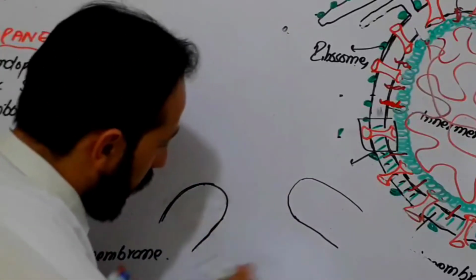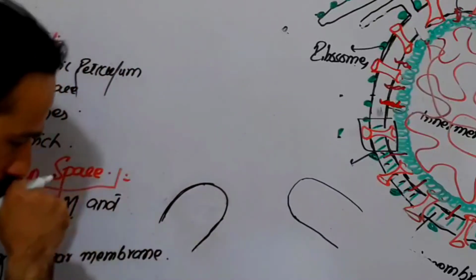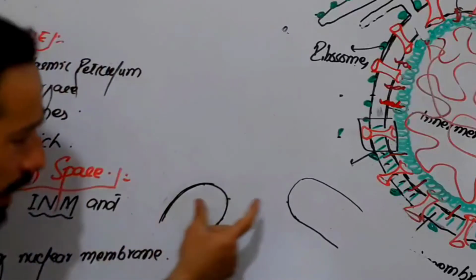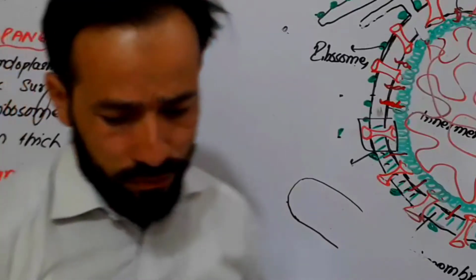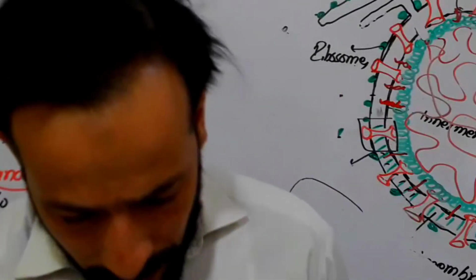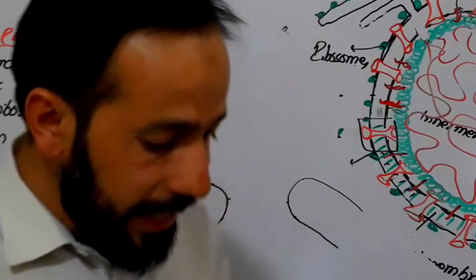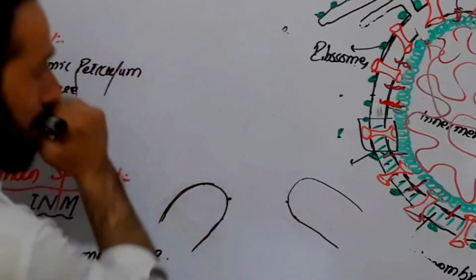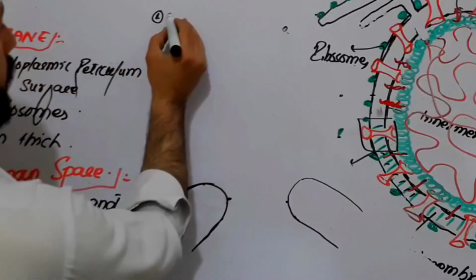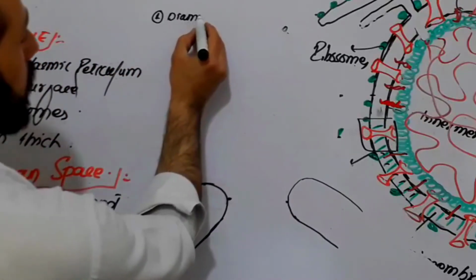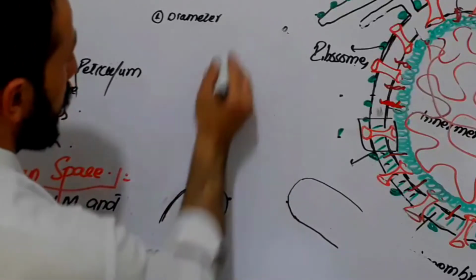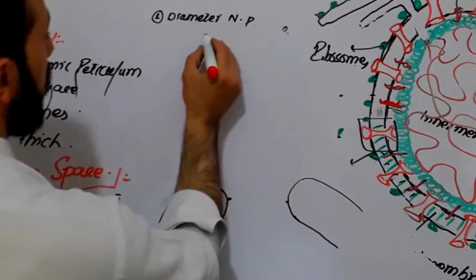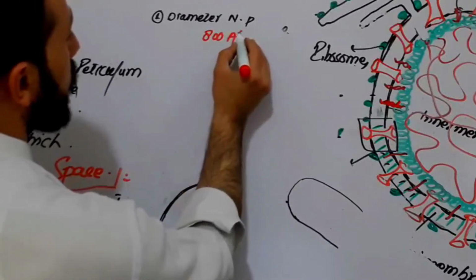So what is the size of this nuclear pore? From here up to here, the diameter of this nuclear pore may be 800 angstrom, right? The first point, the total diameter of this nuclear pore may be 800 angstrom.